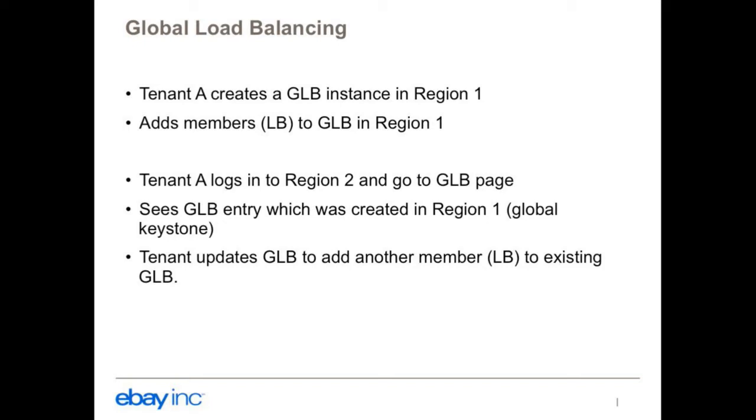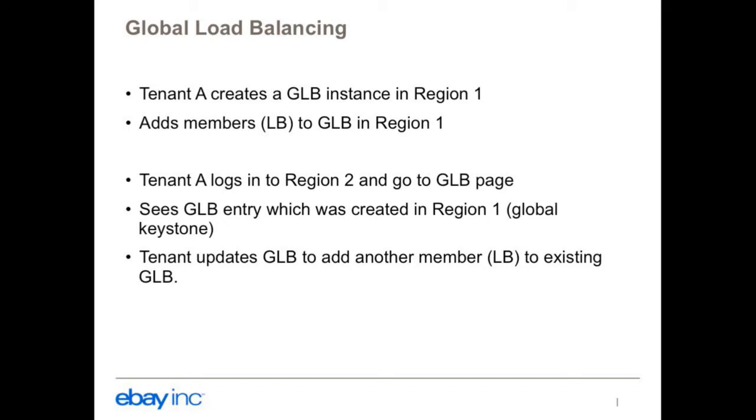So the tenant goes to C3, our cloud UI, and clicks on a GLB panel, which is implemented by us. They go ahead and add a member, which is a load balancer they created in that region, to a GLB, global load balancer, in region 1.